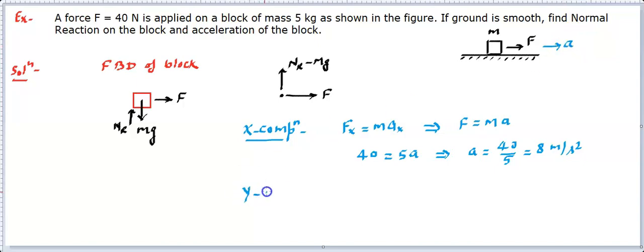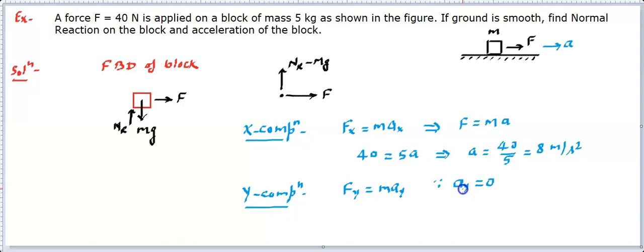Now solve for the y component of motion. Then you need to write Fy equals m into ay. But you are given that this block is moving only in the horizontal direction. This block is not going to move in the upward direction, because it is moving in the horizontal direction as shown in the figure. So you will find clearly that the acceleration in the vertical direction is going to be 0 because it's not moving in that direction, right?